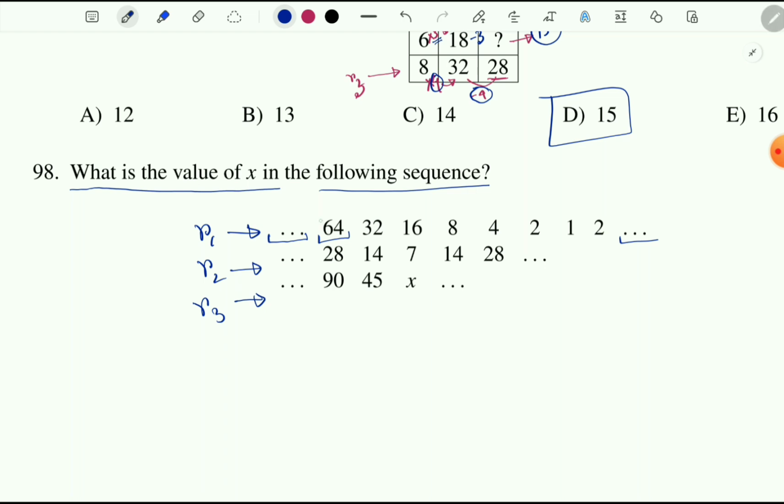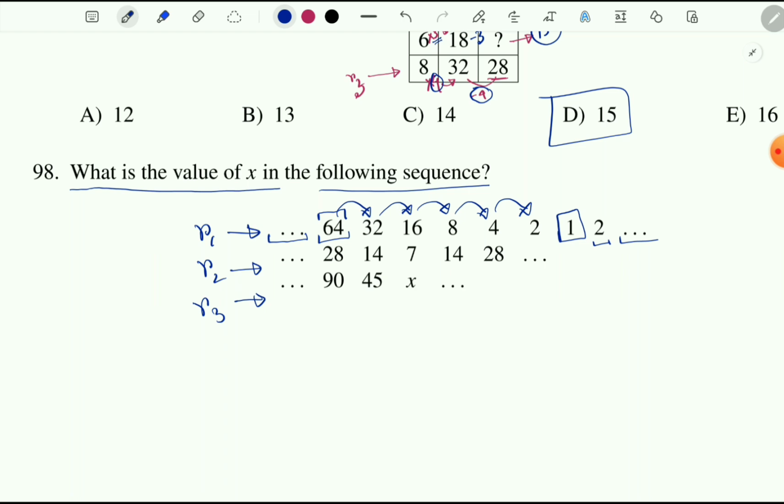So 64 at a certain position is given, and it becomes 32, which is exactly half of 64, and 32 becomes 16, again half. It becomes again half, then 4, then 2, and at certain points we can see 1, and then it becomes again 2.